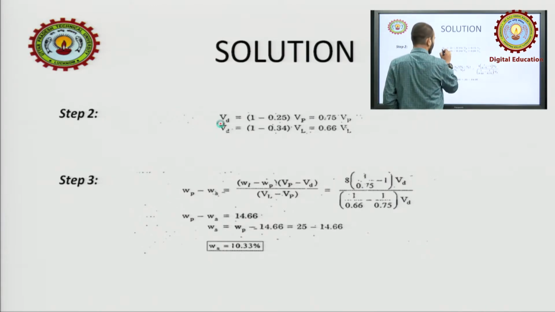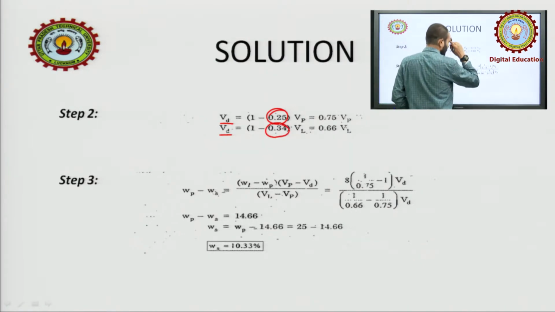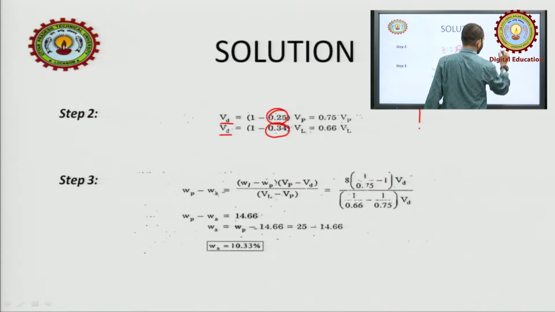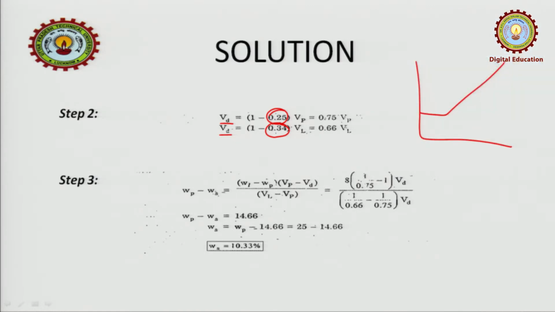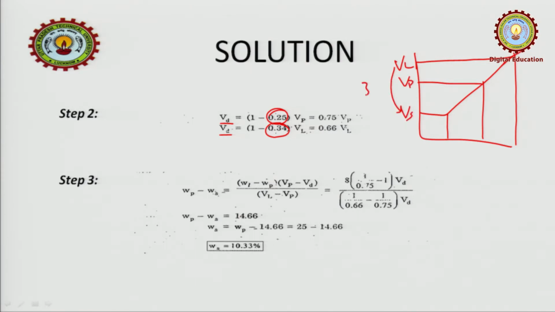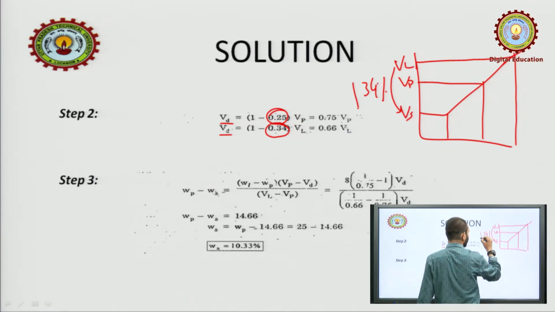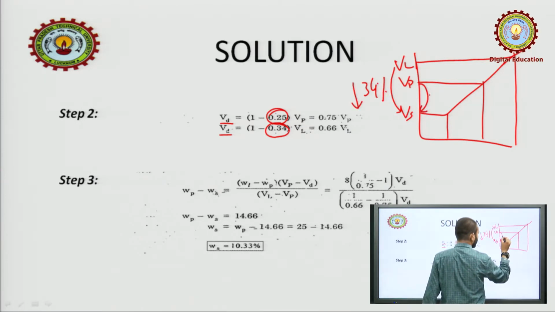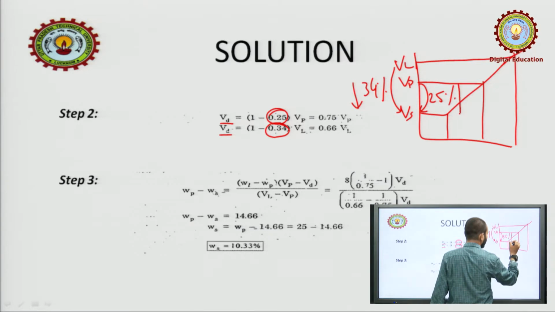See, this was what I am talking about at VD, from this 25% reduction and 34% reduction. Something like this, you can take it like this. Okay, if this is VL and this is VP, this is VS, from here to here 34% reduction, decrement, and from here to here 25% again decrement.